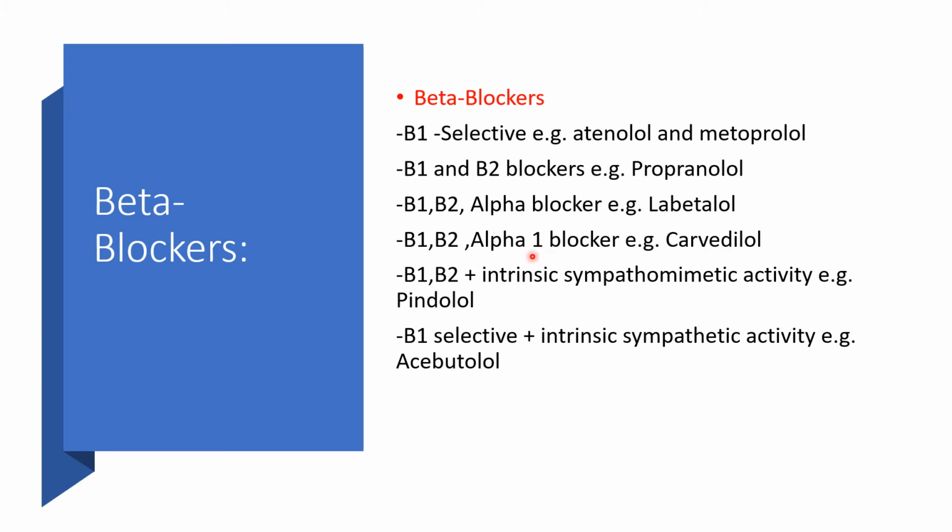But carvedilol will block only alpha 1 with B1, B2. Now, B1, B2 with intrinsic sympathomimetic activity is pindolol, while B1 selective with intrinsic sympathomimetic activity is acebutolol. So you can make this selection based on what you want to gain in the patient. So if there's heart failure associated with the condition, you can go for carvedilol.